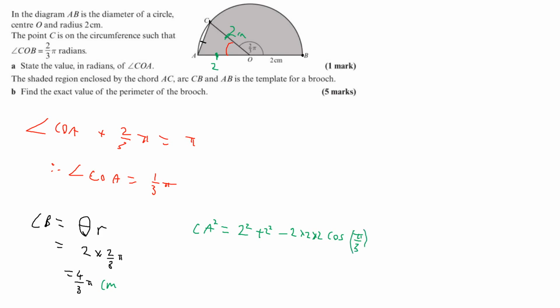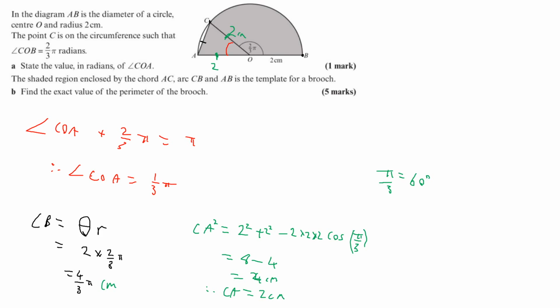Okay? What is pi over 3? Well, if you guys remember, pi over 3 is equal to 60 degrees. So that's just going to be 8 minus 4, which is equal to 4 centimeters squared. And so therefore CA is equal to 2 centimeters.